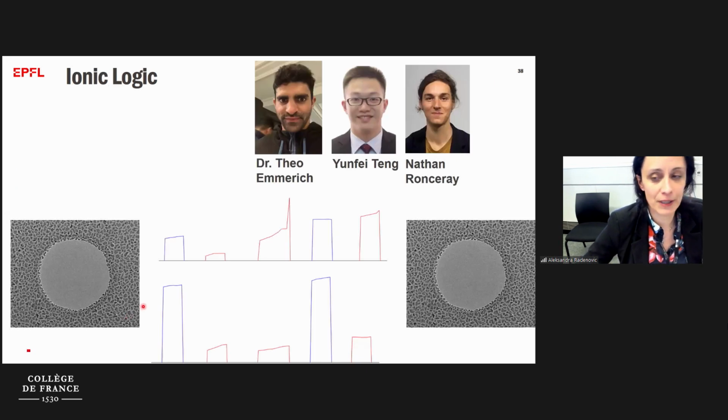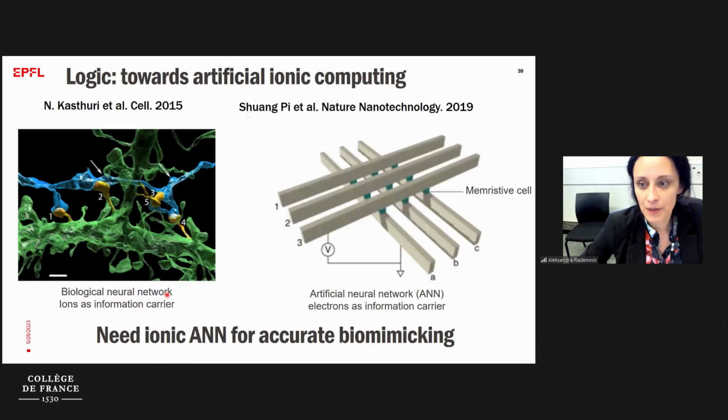And now, shifting gears a bit, and also inspired by the work of Lydéric's group, we thought of how to move forward with the implementation of these nice ionic memristive devices into integrated logical circuits. While most neuromorphic systems are based on nanoscale electronic devices, in nature we rely mostly on ionic activity and also activity of neurotransmitters.